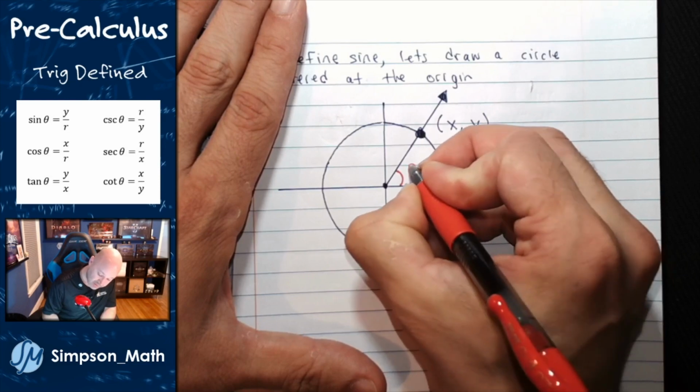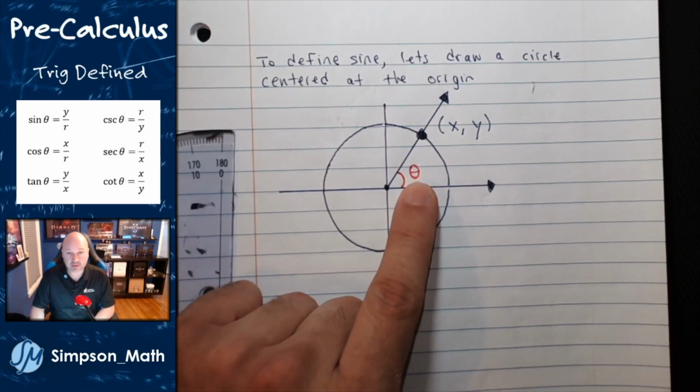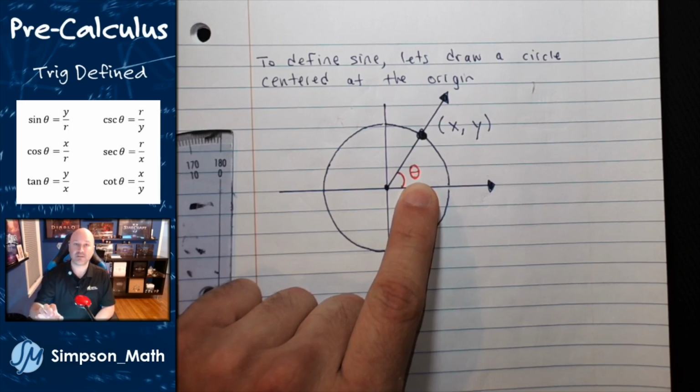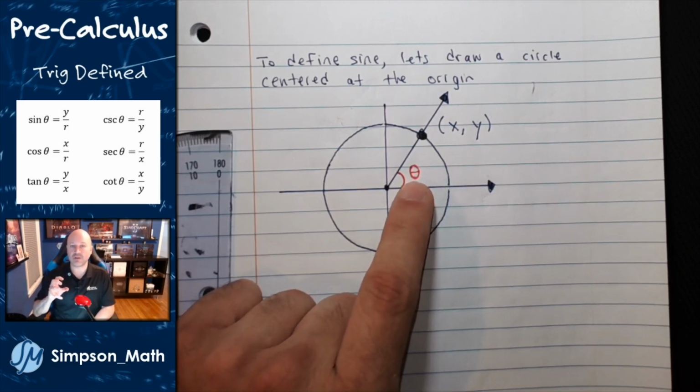I'll go ahead and call it theta. Now, theta is the input for these trig functions. That interior angle is what we think of as the input of these trig functions.